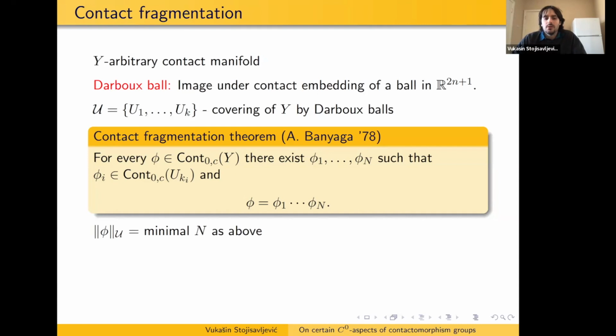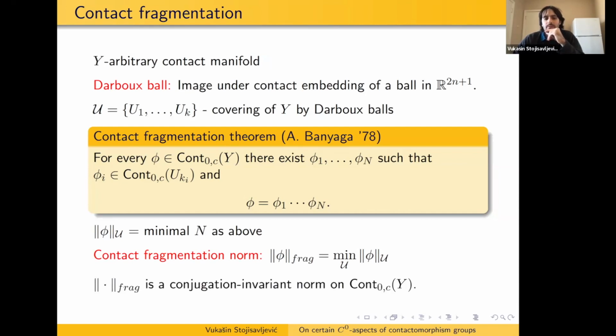Now we define the norm with respect to the covering U as the minimal n such that we can do this. And the contact fragmentation norm is then the minimum over all covers of these norms.